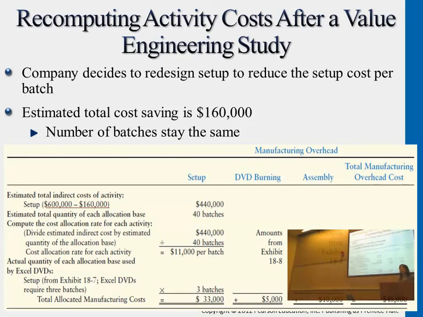Or they may come up with replacing materials with other types, so cutting costs for materials. Or they may decide to shift some of the labor cost into using automated processes, purchasing more machines to cut down some of the costs of direct labor. This is just one way of reducing the cost from setup activities.